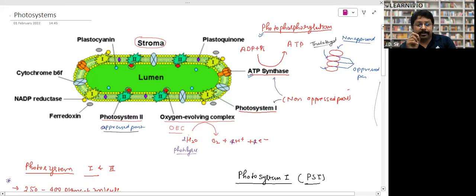Full stop. This reaction is called photophosphorylation. Full stop.